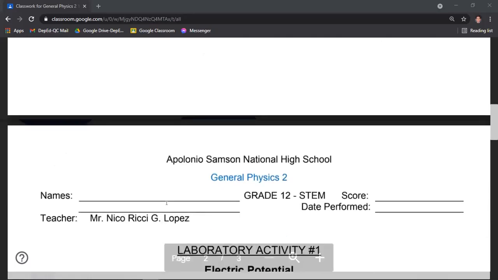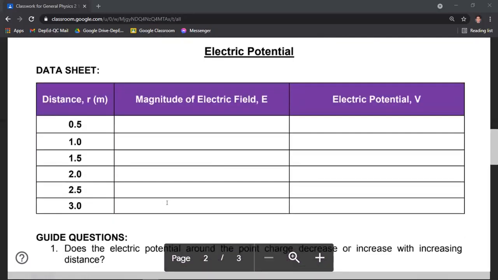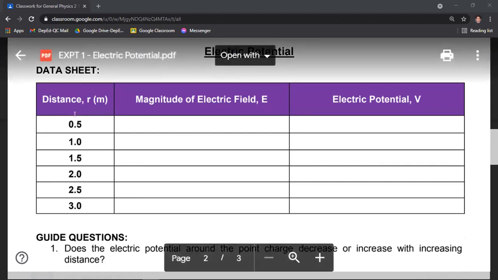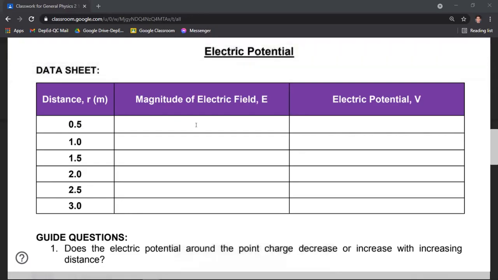So I will show you the data sheet that we need to answer. We have here the distances. This might not be the correct value that I'm going to have; a little later, I will show you what distances you are going to write in this part. Then we will calculate the magnitude of the electric field.